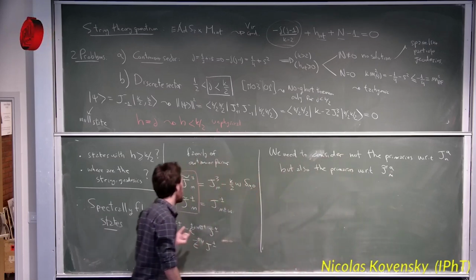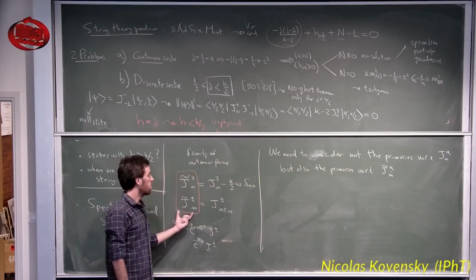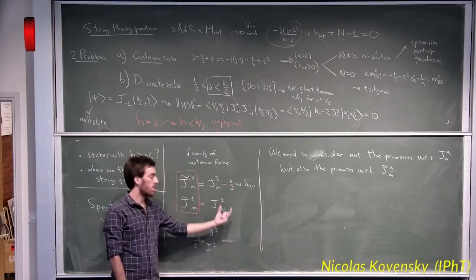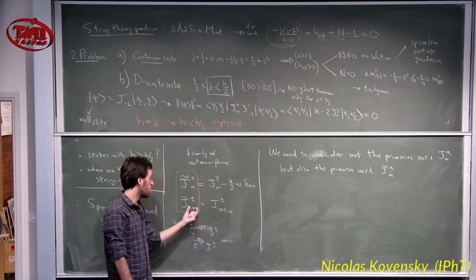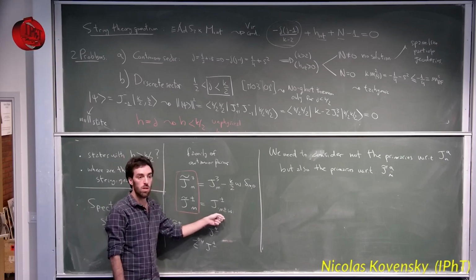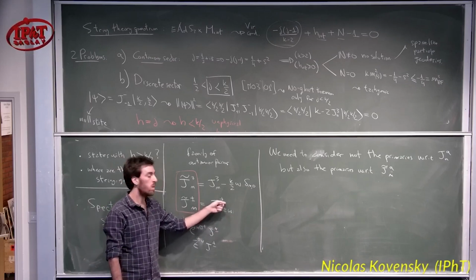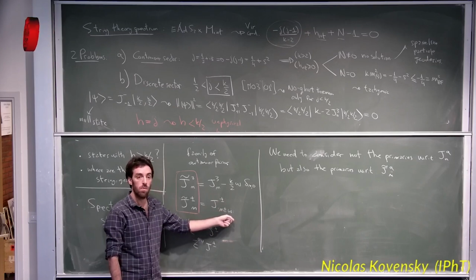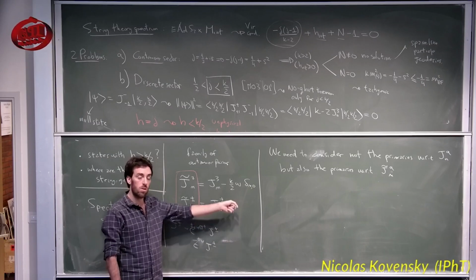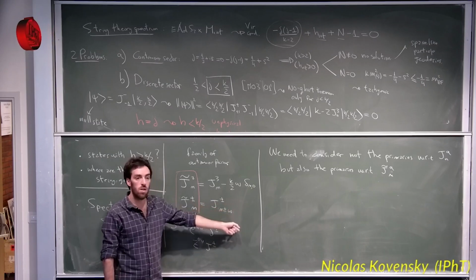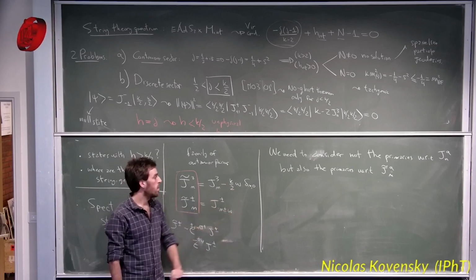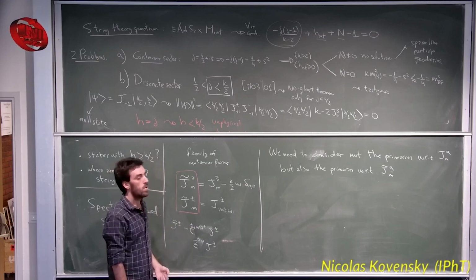So something that is a primary under these, but not under this one, because I'm shifting the modes. If the positive modes here annihilate some states, then that's not going to be true here. In particular, the J minus shifts downwards, so it's annihilated by some negative modes, and the J plus shifts upwards, so there are some positive J plus modes that are not killing the state. These are the states that are going to contain the short strings and the long strings. You should do this for every integer omega.